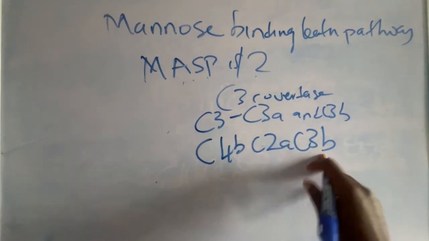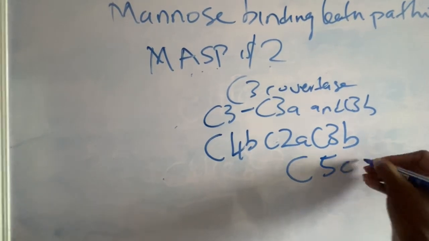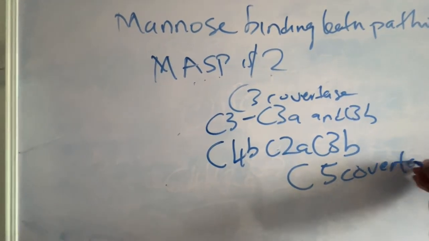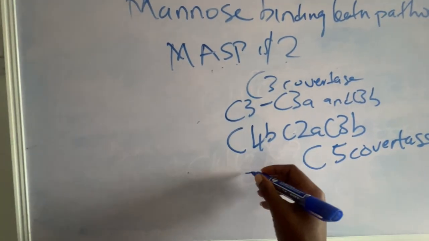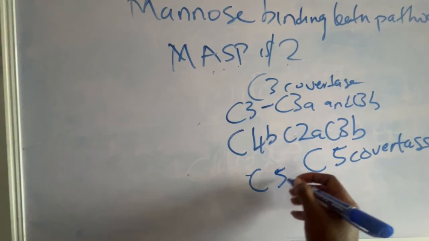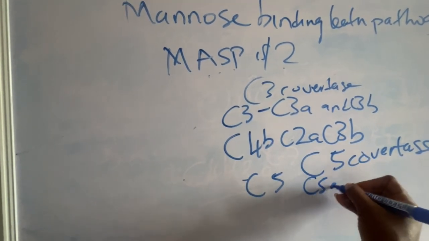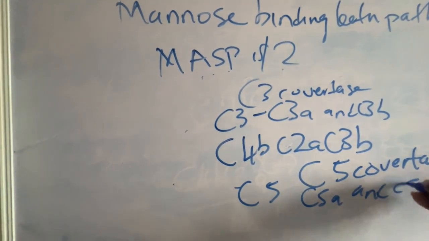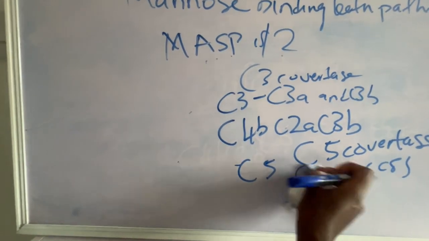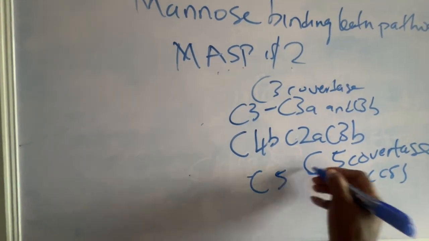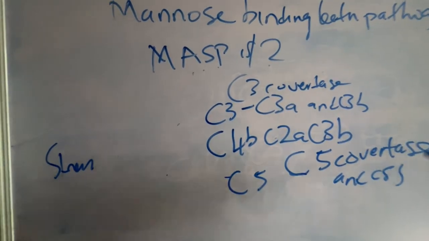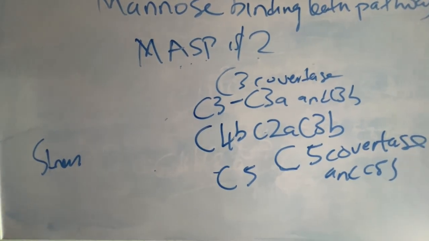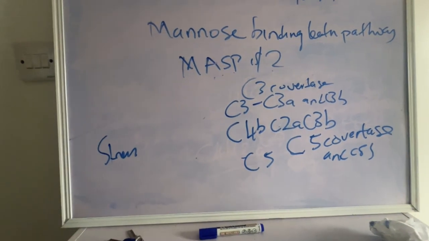Now this becomes the C5 convertase. This C5 convertase recruits C5 and cleaves it into C5a and C5b. C5a moves into the serum to become a strong anaphylatoxin and inflammatory molecule, while C5b initiates the formation of the membrane attack complex.